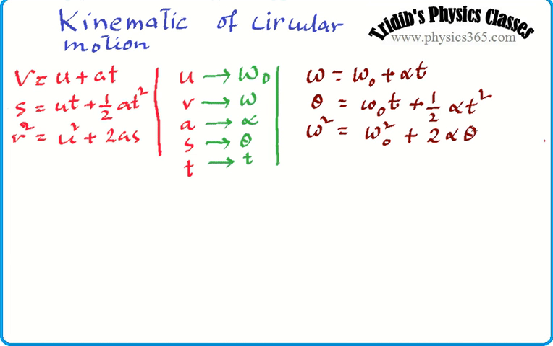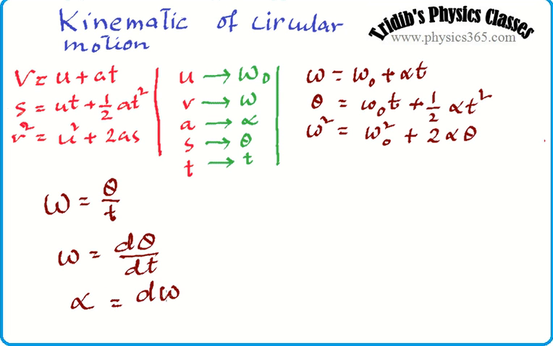Now in differential calculus also we can express those quantities of circular motion. For example, angular velocity is normally written as theta by t, but in differential calculus it can be written as d theta by dt. Similarly, alpha will be equal to d omega by dt, or omega d omega by d theta.